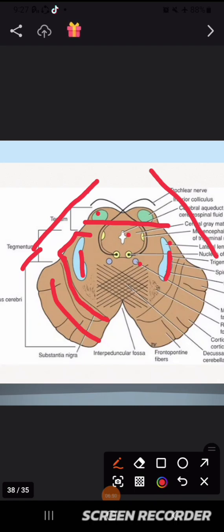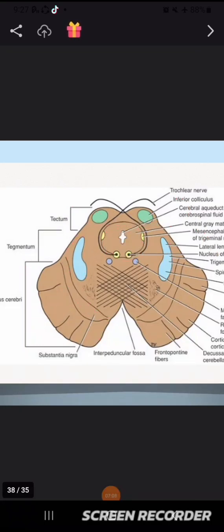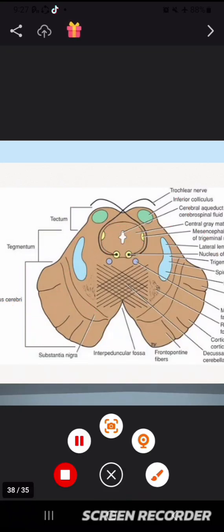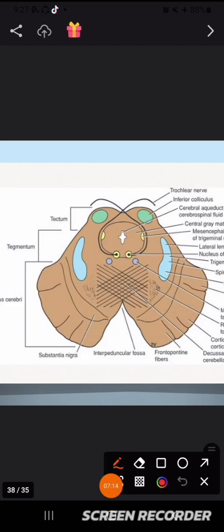Here is the cerebral aqueduct. This aqueduct is surrounded by a band of gray matter. In the anterior part of the gray matter, there is a nucleus. This nucleus differs at the two levels.